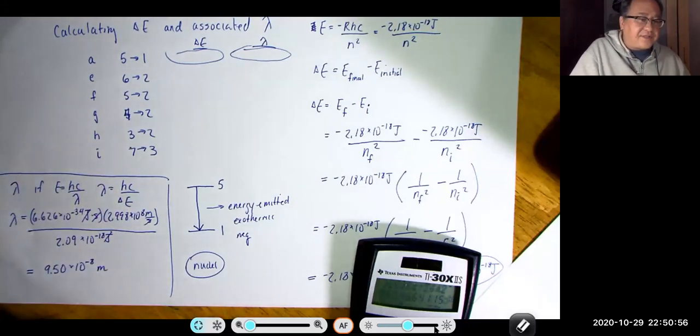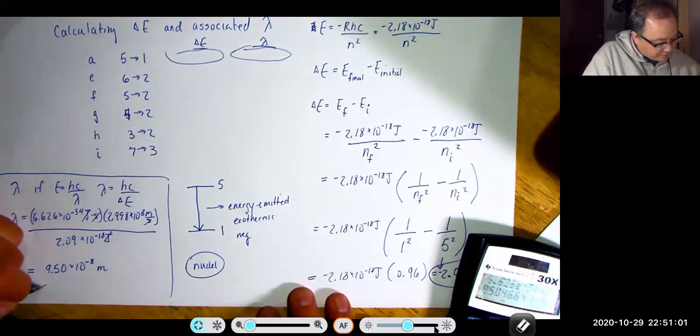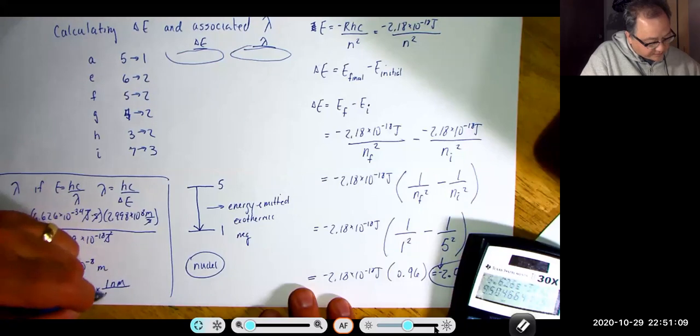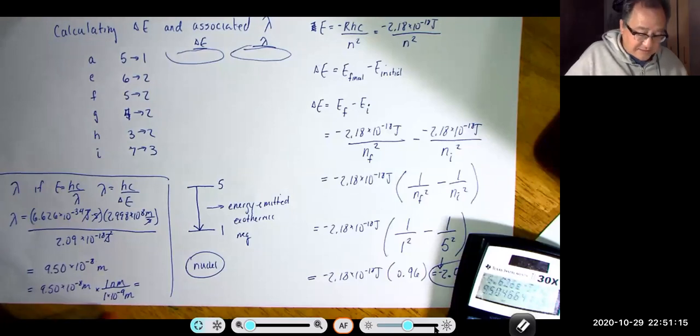Now, I don't want this in meters. I want it in nanometers. So what I'm going to do is take this 9.50 times 10 to the minus 8 meters and multiply by 1 nanometer over 1 times 10 to the minus 9 meters. So basically, I'm going to take the number I got before and divide it by 10 to the minus 9.